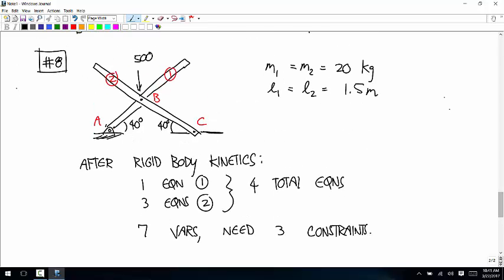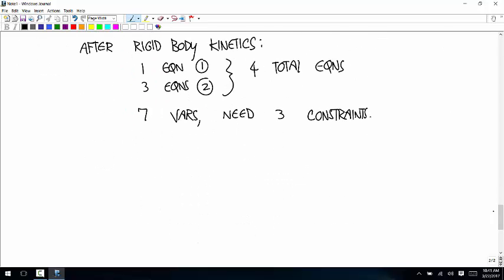So the first one, at B, this is the one you pretty much always have, this type of constraint. Acceleration of B according to 1 is equal to the acceleration of B according to 2.